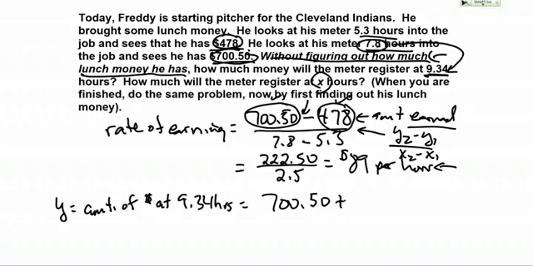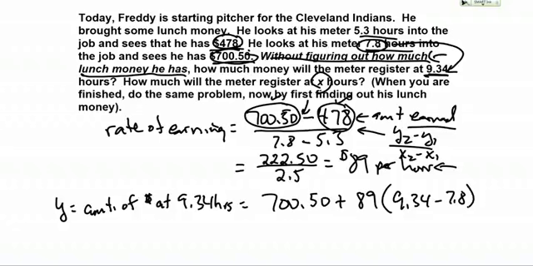Well, we know the slope is 89, and we want to know how many 89s will take place between 7.8 hours and 9.34 hours. That's the amount of time between those two times. How do we find that amount of time? By subtracting 9.34 hours minus 7.8 hours.